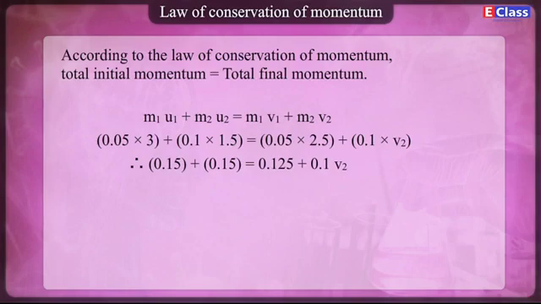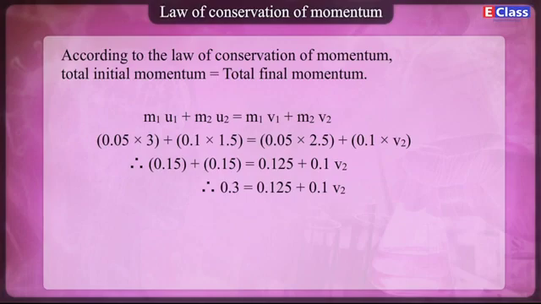Therefore, 0.15 plus 0.15 is equal to 0.125 plus 0.1 v2.